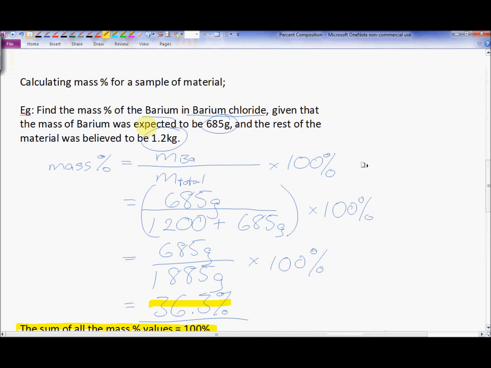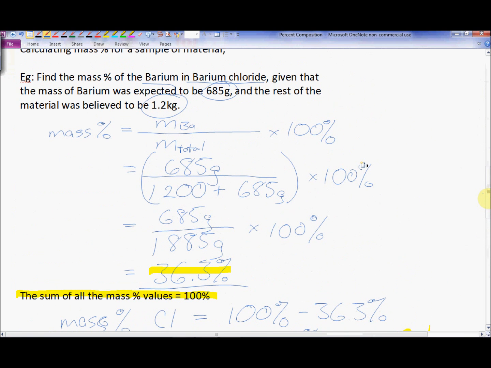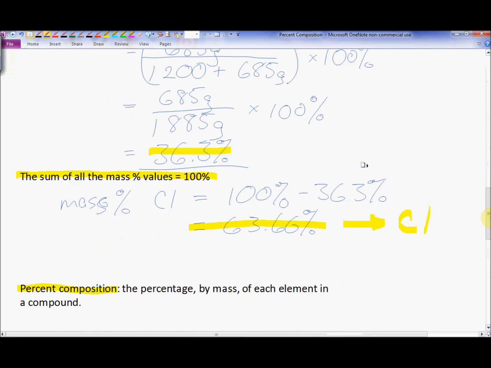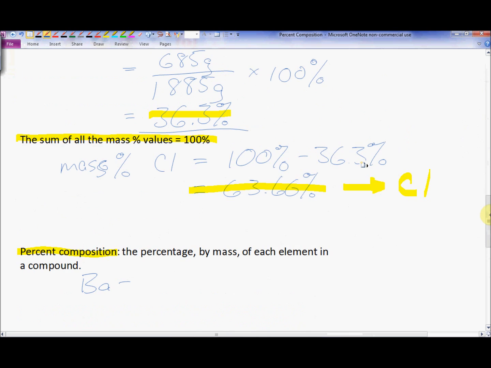To summarize what we've learned about this sample, which had 685 grams of barium and 1.2 kilograms of chlorine, if we had to present it as a percent composition, we would say barium was 36.3% and chlorine was 63.66% mass percent.